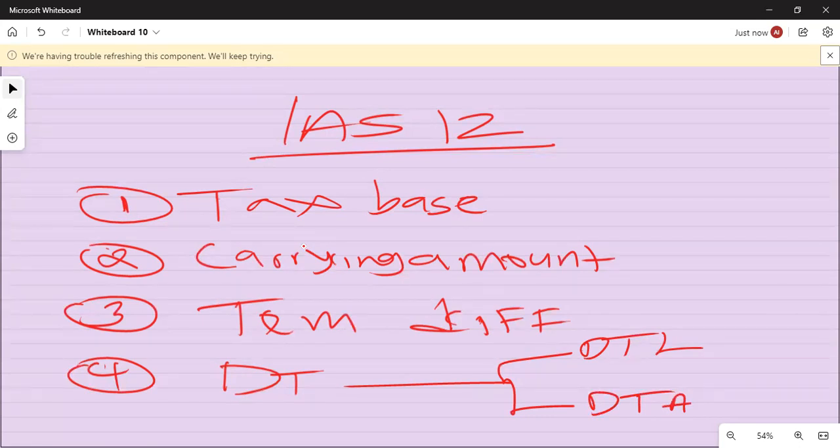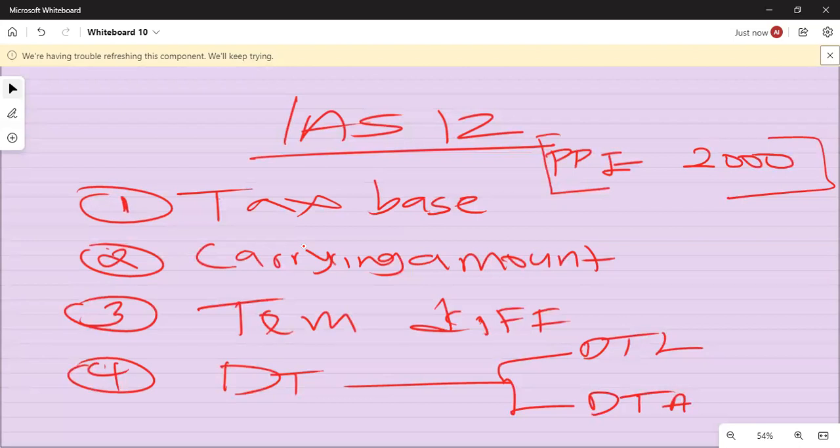There's what we call tax base. In simple terms, when we say tax base, let's say for example you have a non-current asset, let's say you have a PPE. The tax authority recognizes that this 2000 is the value of this equipment, the value of this asset.